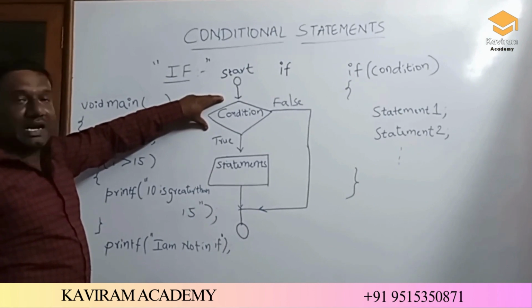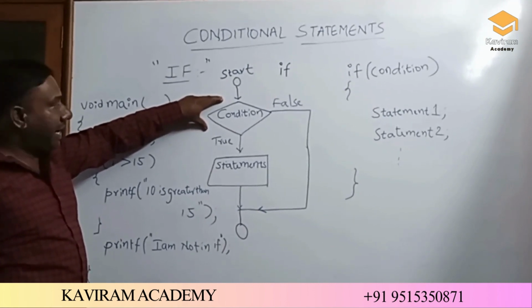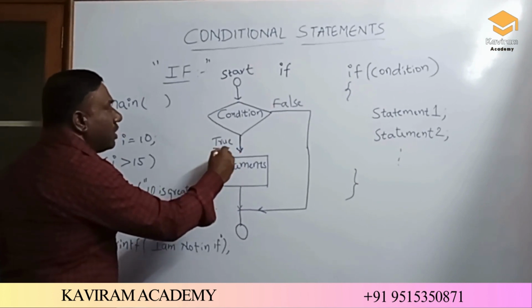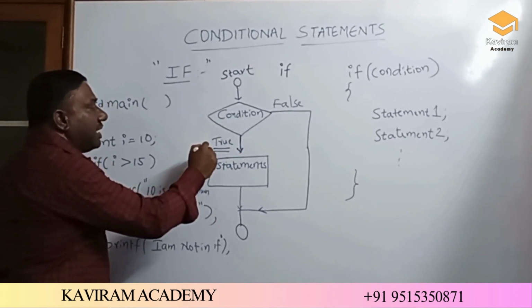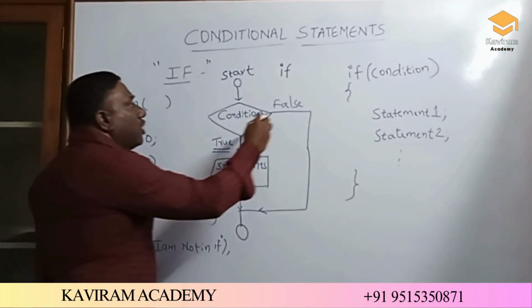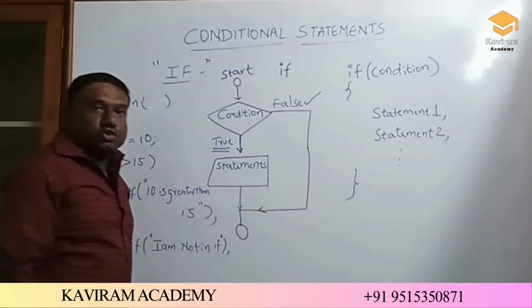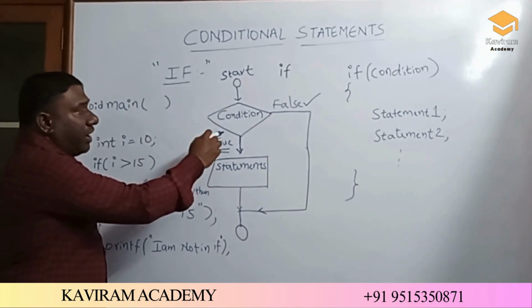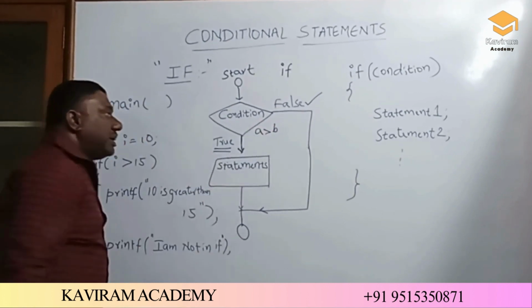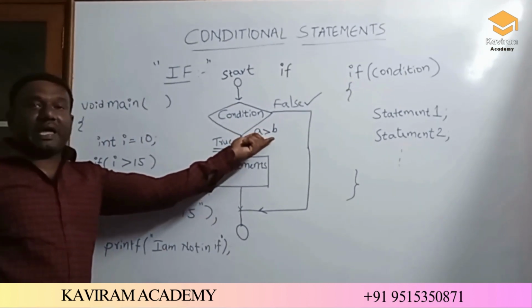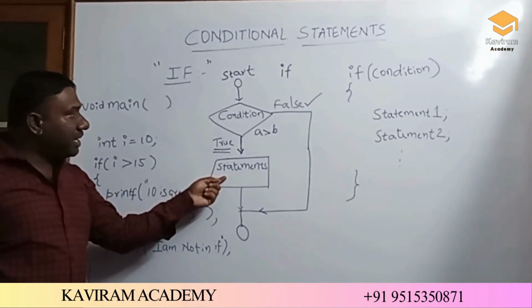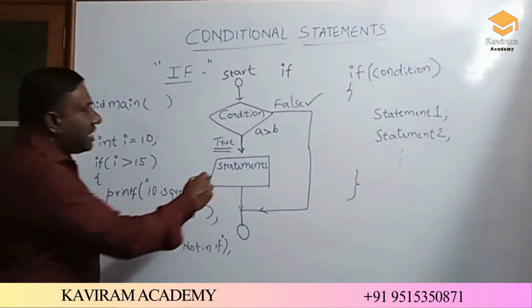If this condition is satisfied, it will go to the true branch. If the condition is not satisfied, it will go to the false branch. For example, take A greater than B. If this condition is satisfied, A greater than B, then the condition is true, it will come here and execute the statements that are present here.